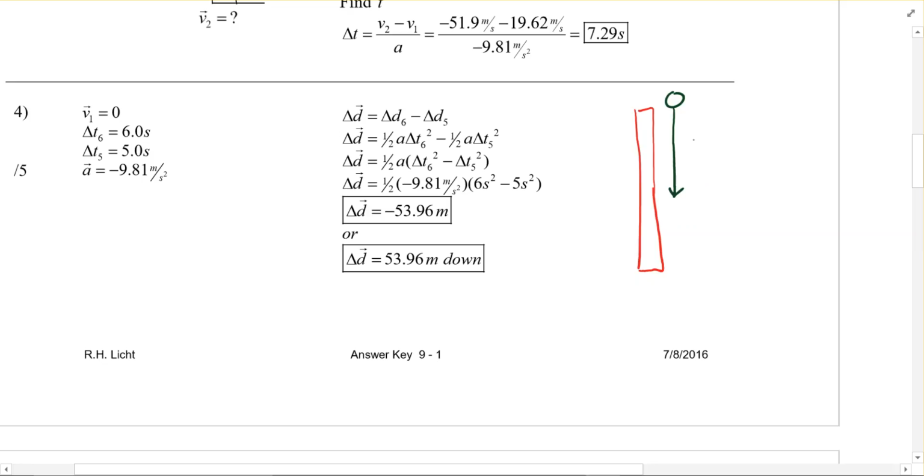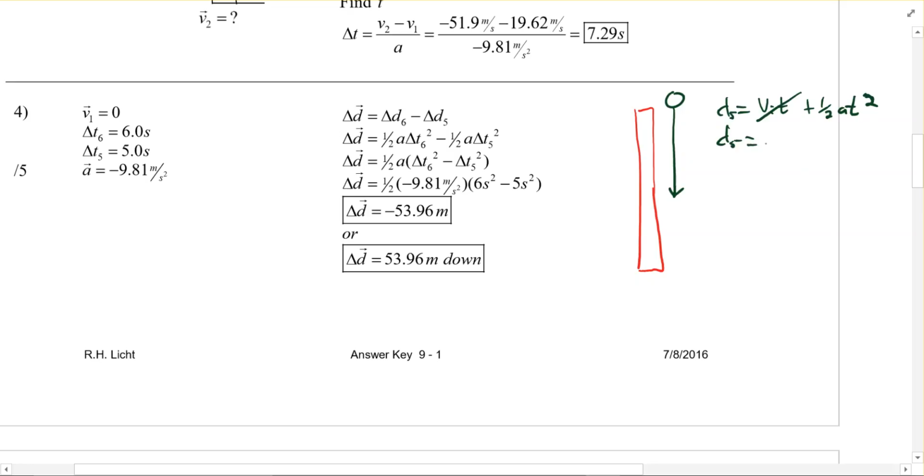So for part 1, I'd say D is equal to VIT plus 1/2 AT squared. And VI, remember, starts at 0 because we're dropping it, so that goes away. So for D, I'm going to put D5 for 5 seconds.